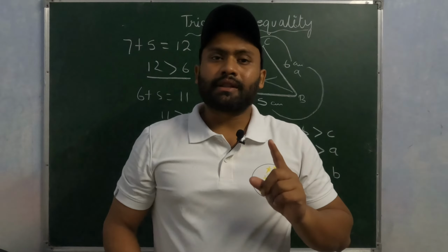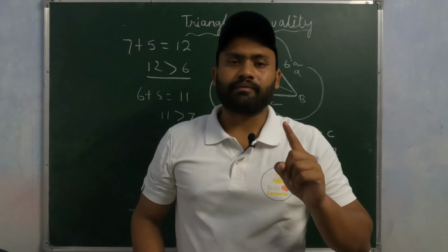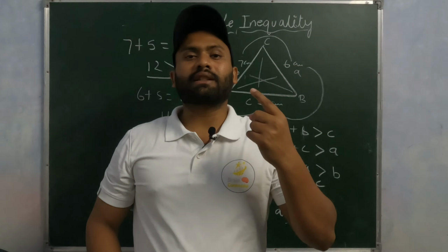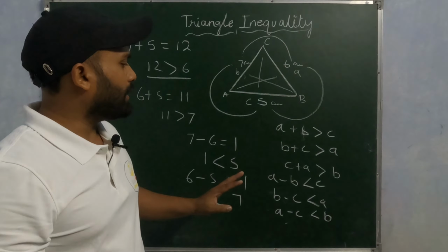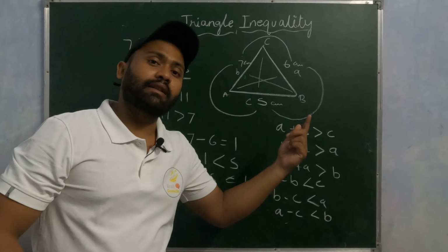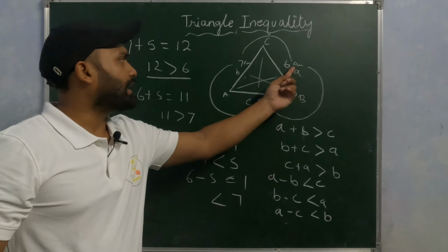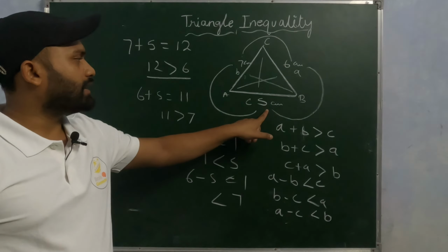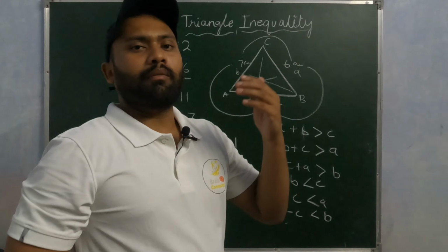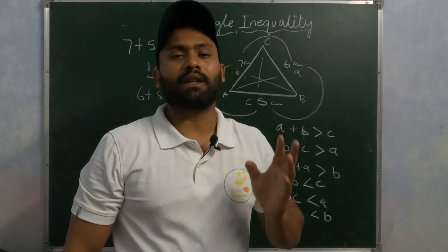The sum of two sides of any triangle will always be greater than the third side, and the second property says the difference of the two sides will always be less than the third side. You can observe that when you subtract any two sides, the result is always less than the third side. Like you subtracted 7 and 6 and got 1, which is less than the third side, 5. And when you add, you get a number greater than the third side. So these are the two main properties of the inequalities.